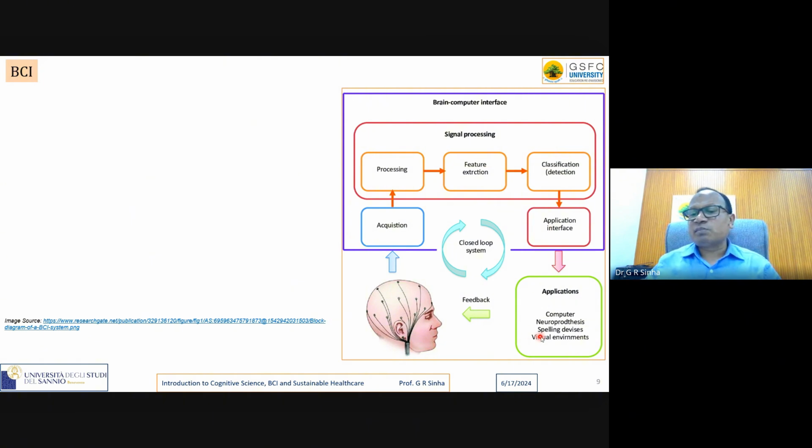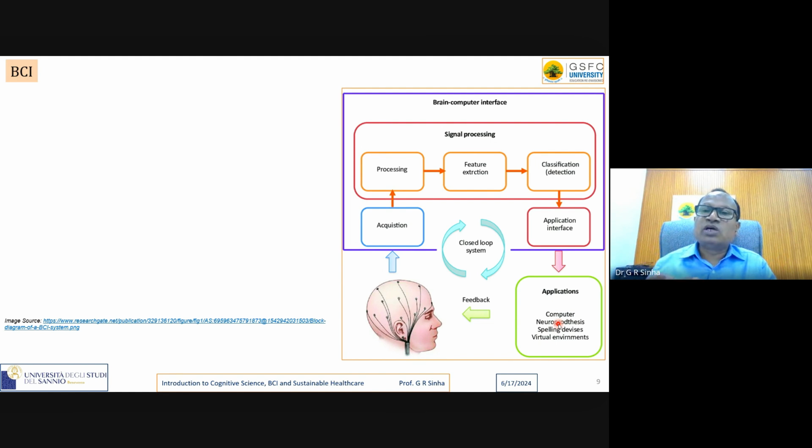Applications may include computers, prosthesis, spelling devices, virtual environments. This may be related to robotics applications, prosthetic applications, robotic arms, disease and disorder analysis, brain tumor detection, or the study of Parkinson's disease.